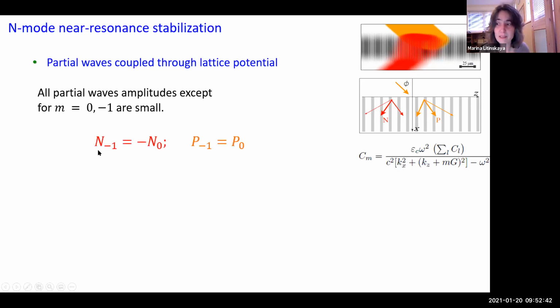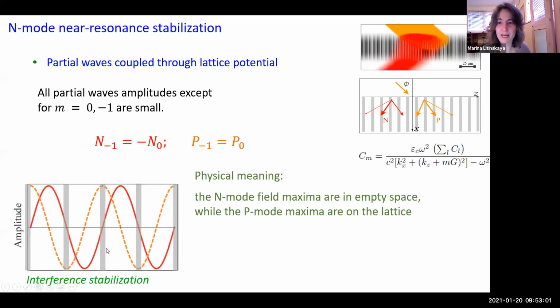And you will see that the negatively refracting mode is asymmetric, while the positively refracting mode is symmetric. And this is actually the key to what's going on here. Because if you translate this equality into human language, that's what you will see. Basically, this is the optical lattice, right?